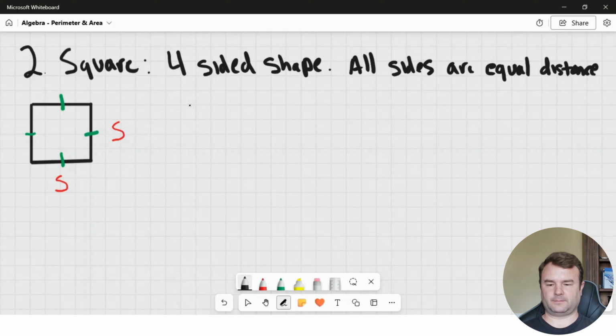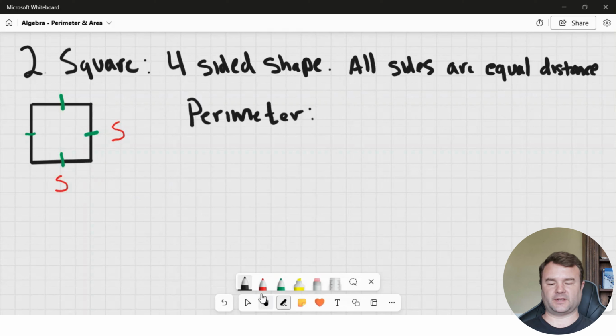And basically, since all of these sides are the same measure or distance, you can say that they're all S. And the perimeter of a square is simply the sum of all the sides, or the linear distance of the figure or shape.